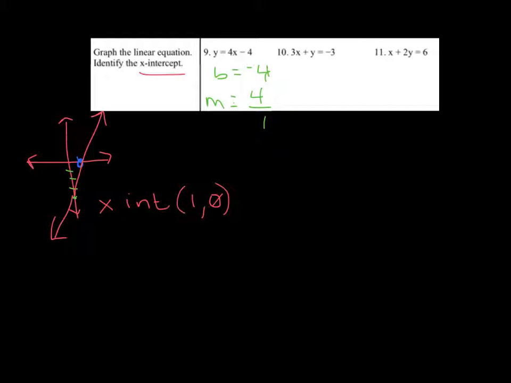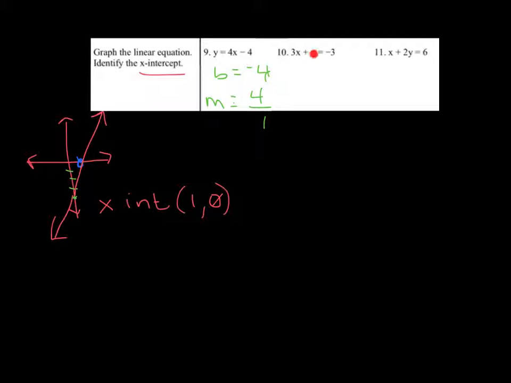Let's go ahead and look at number 10. Number 10 is written in standard form. And remember, we use intercepts to graph when it's written in standard form. So that's where you plug in a 0 for y and calculate your x-intercept. To find my x-intercept here, all I'm going to do is put a 0 in right here for y.